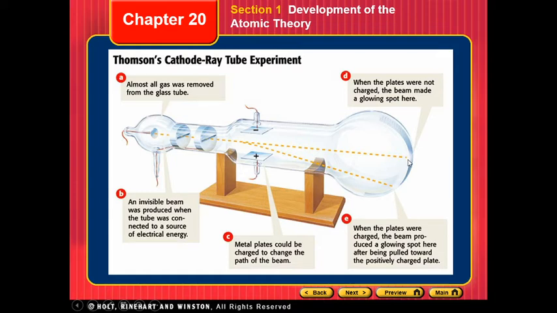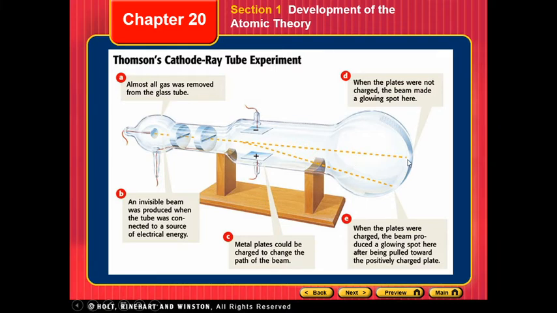If the positive and negative plates are not charged, then the glowing beam will go straight here.